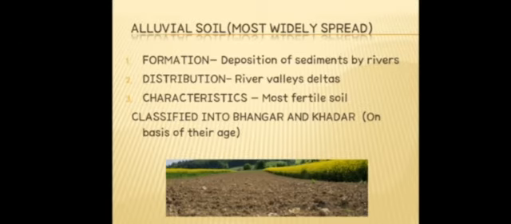This alluvial soil is divided into two parts, Bangar and Khadar, according to their age. Bangar soil is old alluvial soil and Khadar is new alluvial soil. Bangar is less fertile and Khadar is more fertile soil.